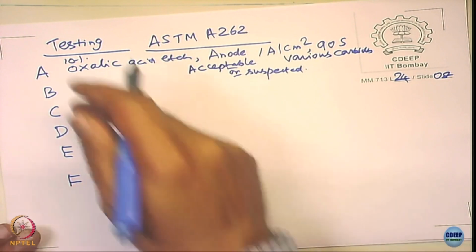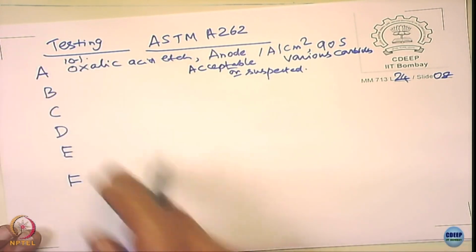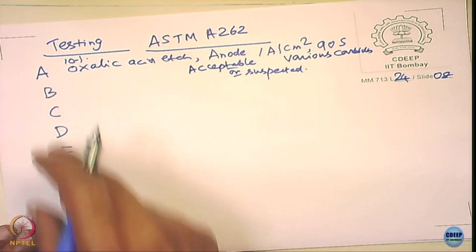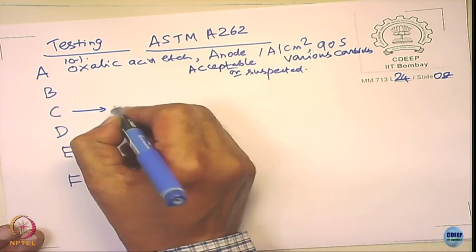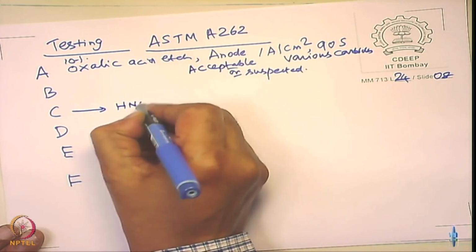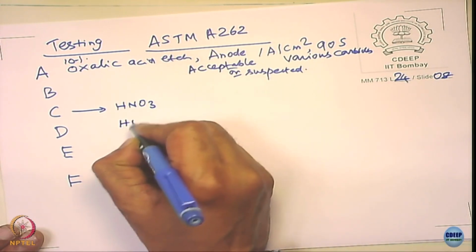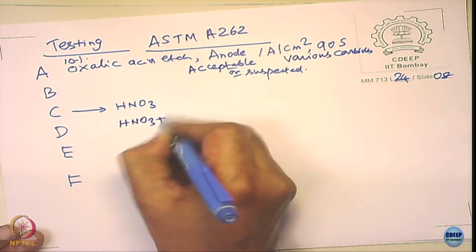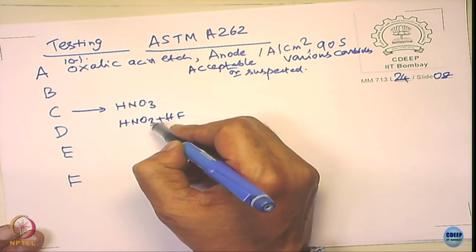Now each of these tests, again there is no time to see here, they are all of different kind. For example, this one we use nitric acid. This is nitric acid plus HF. It is a modified test of this, it is slightly milder.